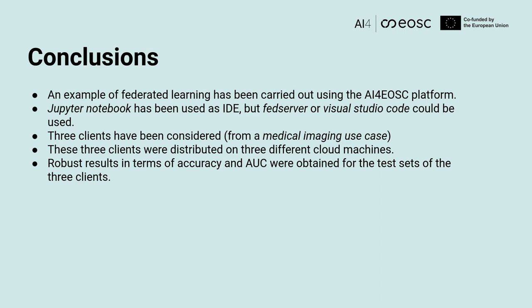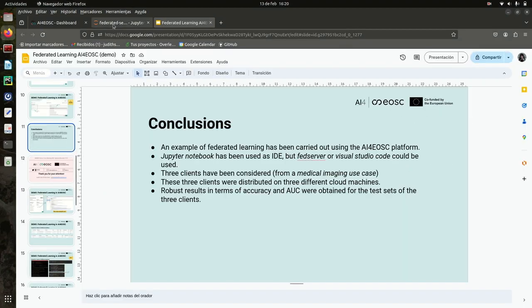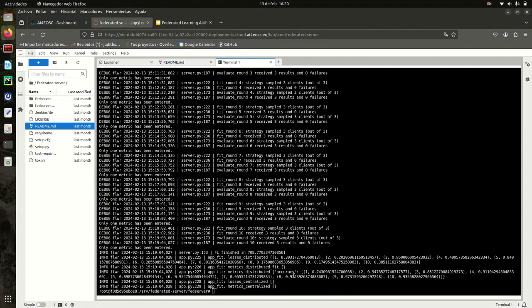We have obtained, as we are going to see now, robust results in terms of both accuracy but also in terms of the area under the curve, and we can see that in the test set of all the 3 clients. So let's move again to the server side. We can see now that the federated learning has finished. We can see here the time.